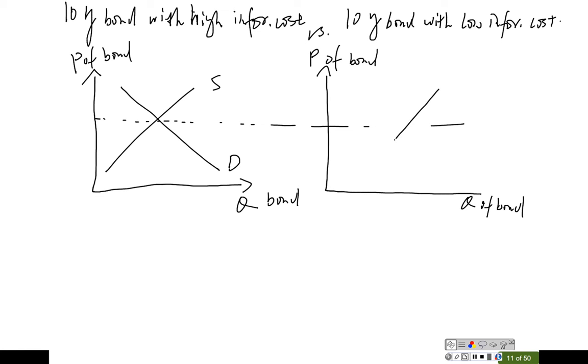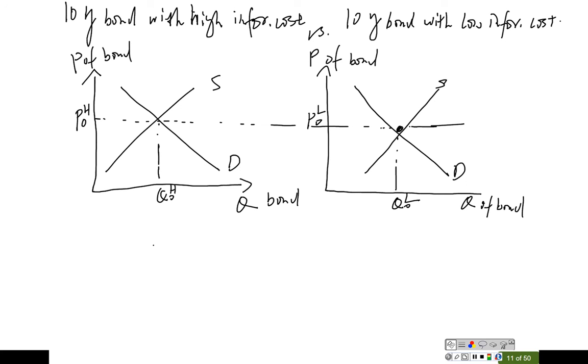Assuming these two bonds initially have the same price level. Again, we use H to mean the high information cost, and L to mean the low information cost.